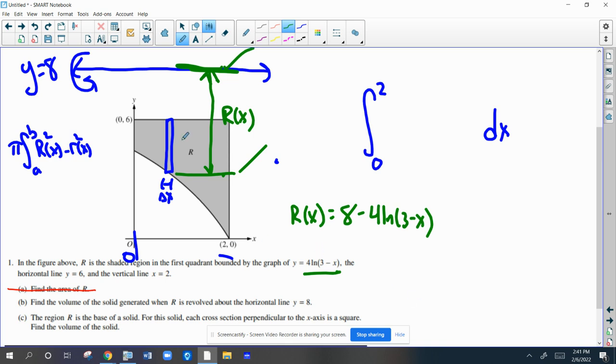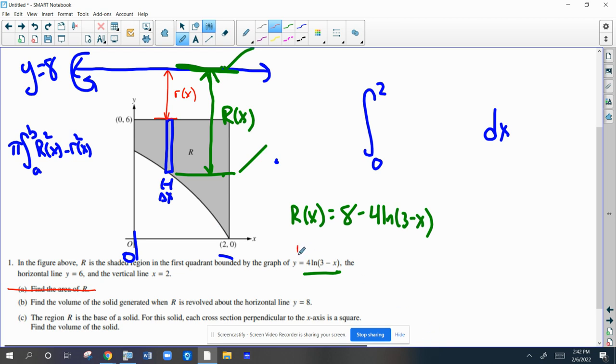Now we're going to have a big void in the middle, a big center cylinder here. At least the radius is going to be this big. And that's little r of x. That's really the radius of the hole. So basically little r of x is you measure to the axis of revolution, just like big R of x, except you measure the short distance now, in this case, the top of the rectangle.